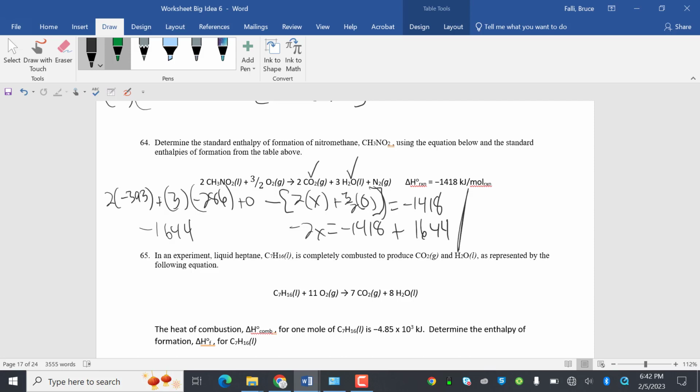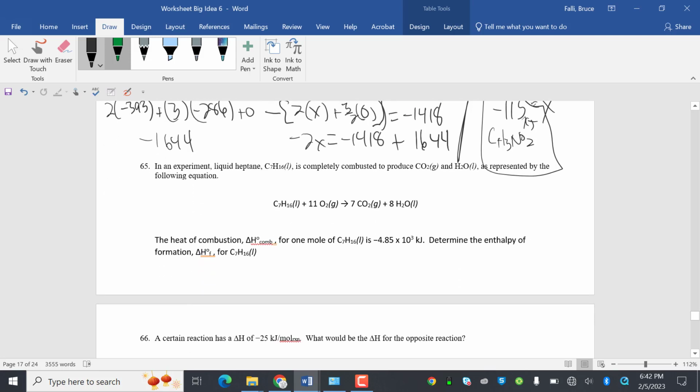So negative 1418 plus 1644, divided by negative 2, equals negative 113 equals x, and that is in kilojoules, for CH3NO2.